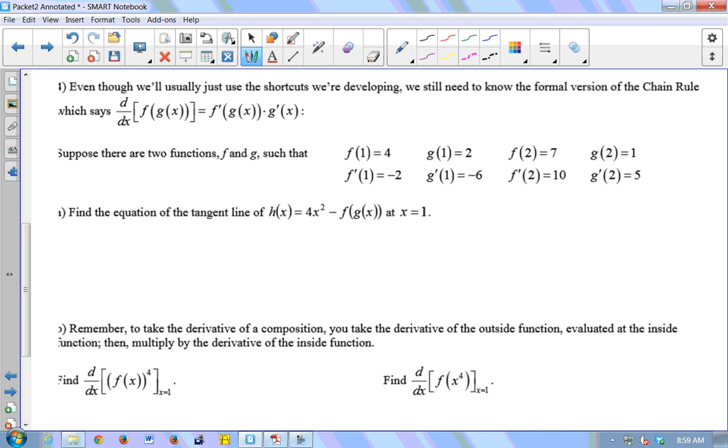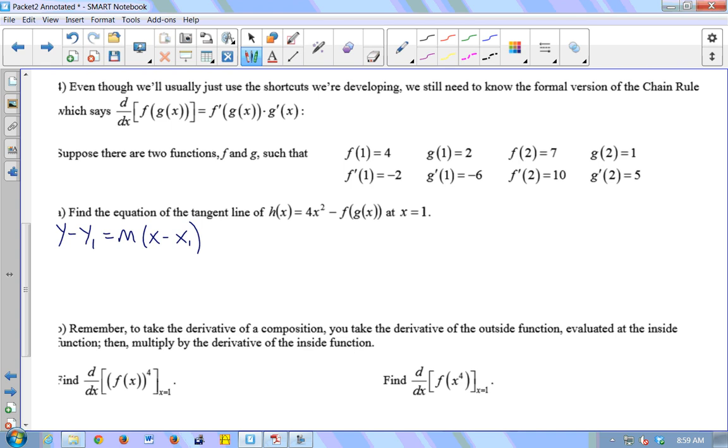So I want the equation of the tangent line to h at x equals 1. When you're finding the equation of the tangent line, you need two things, slope and a point. So slope comes from the derivative. So let's actually use point slope form: y minus y1 equals m times x minus x1. If we're just going to use a point and a slope, we might as well use point slope form.